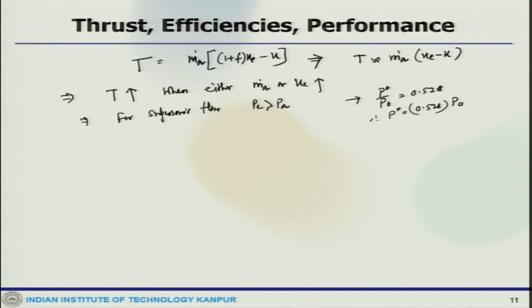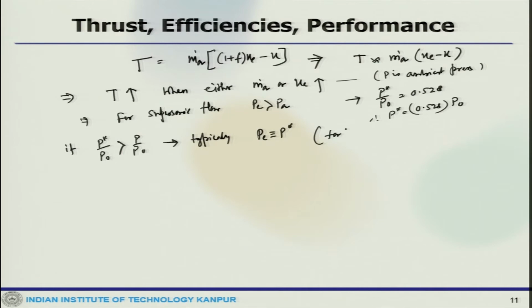If P is the ambient pressure, and P star by P naught is greater than P by P naught, then typically P exit would be P star.